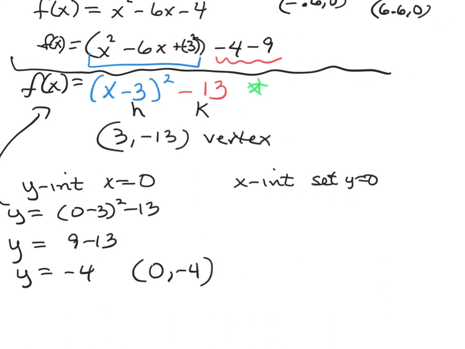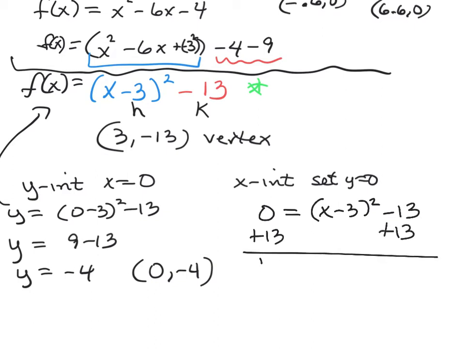The x-intercept, I'm going to set y equal to 0, x minus 3 squared minus 13, move the 13. Watch how much easier this is versus using that quadratic formula.